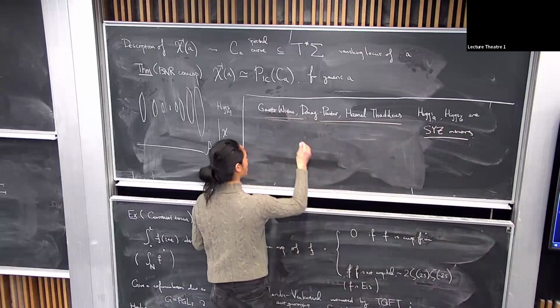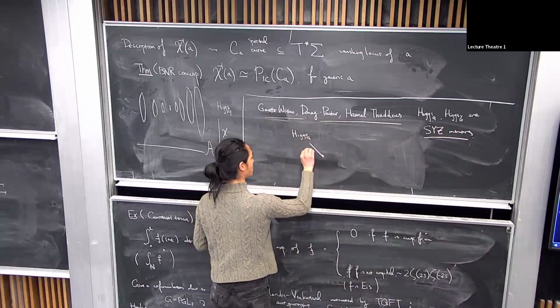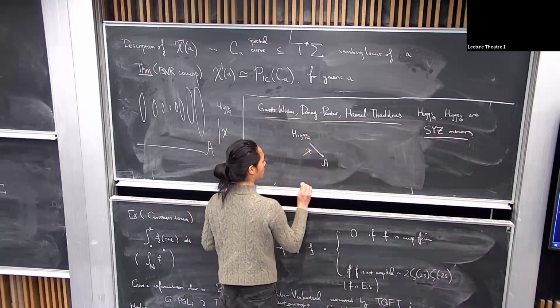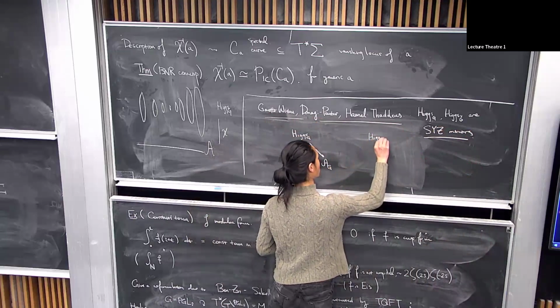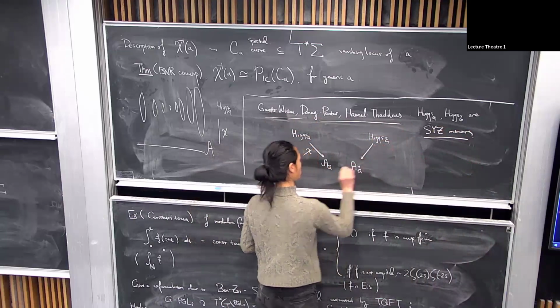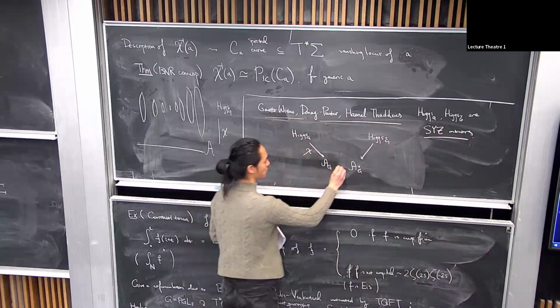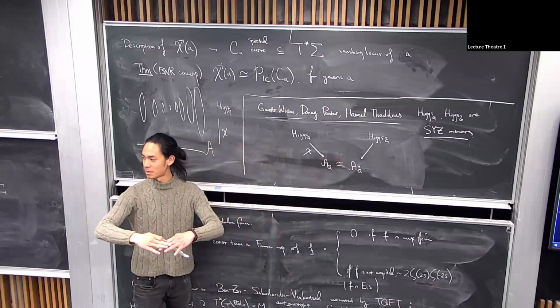What they say is that you can take Higgs G, look at its Hitchin fibration, and look at Higgs G check and its Hitchin fibration. Then there's a canonical isomorphism between their Hitchin bases. So they're really fibering over the same space.